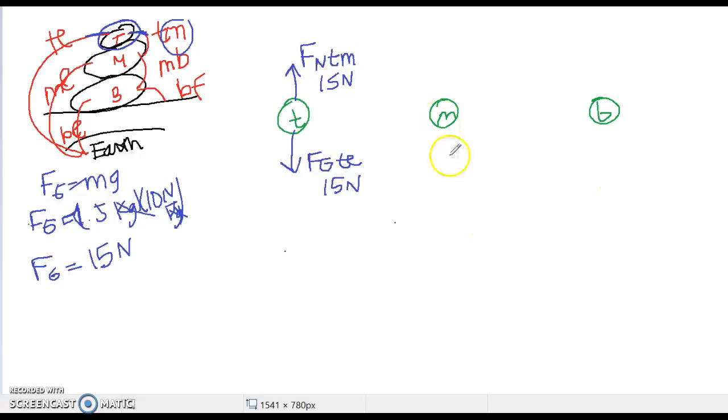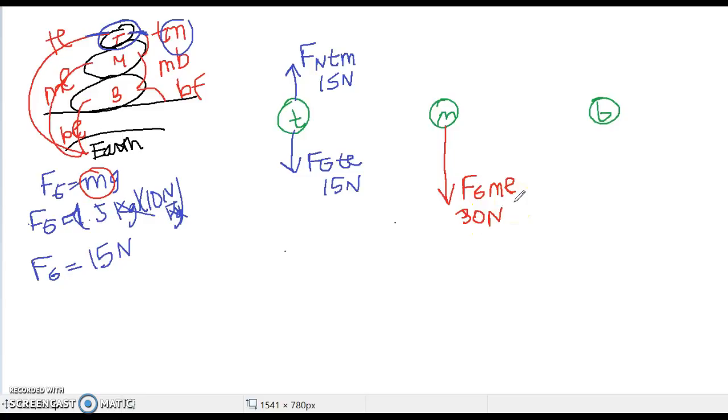All right. Now, the middle rock, it said, had a mass of 3 kilograms. All right. So that means his weight is going to be 30 newtons because it's going to be 3 kilograms times 10. Feeler is the middle rock, dealer is the earth. So that's going to be 30 newtons.